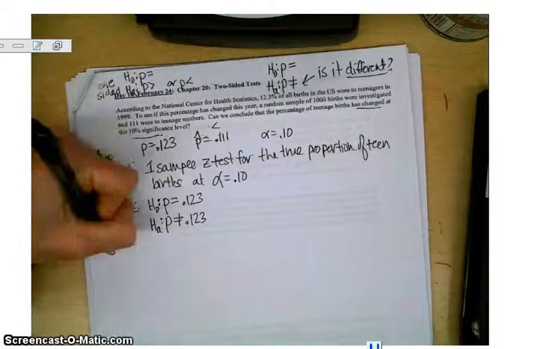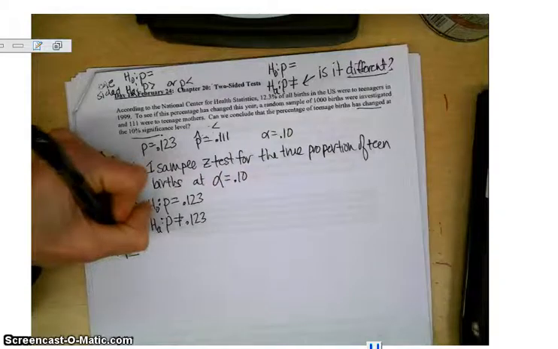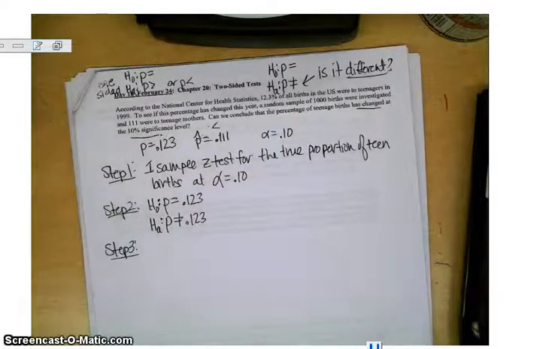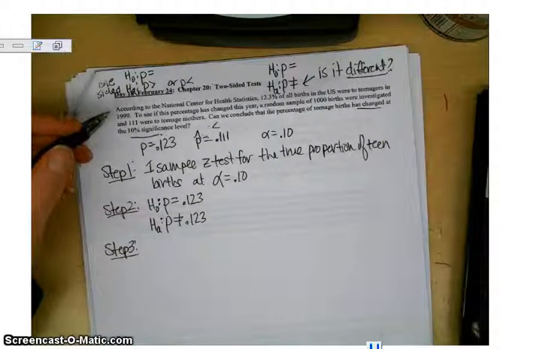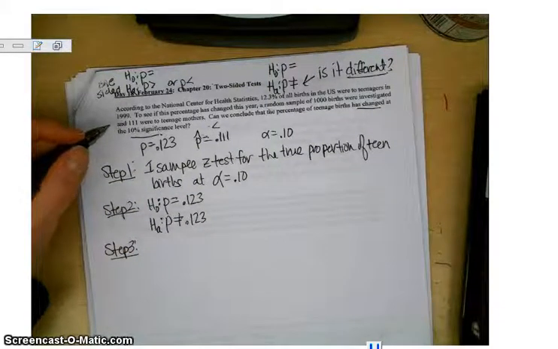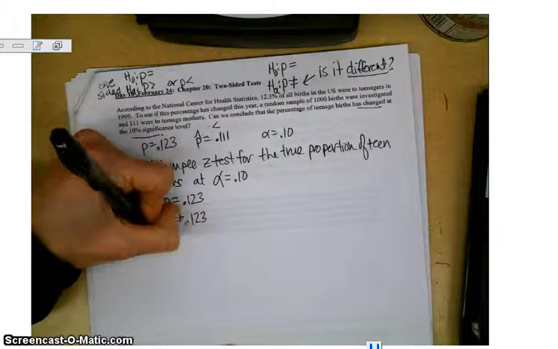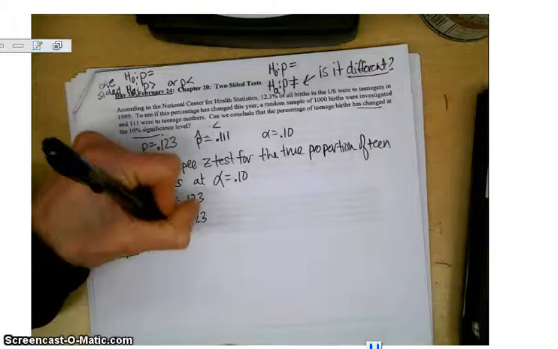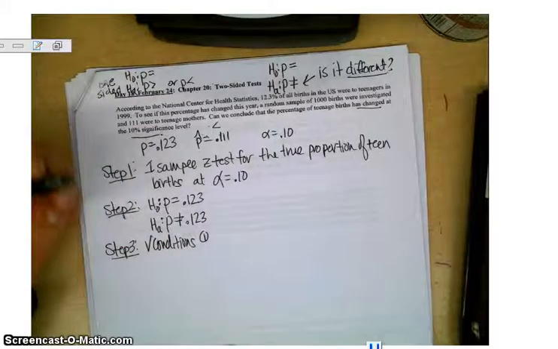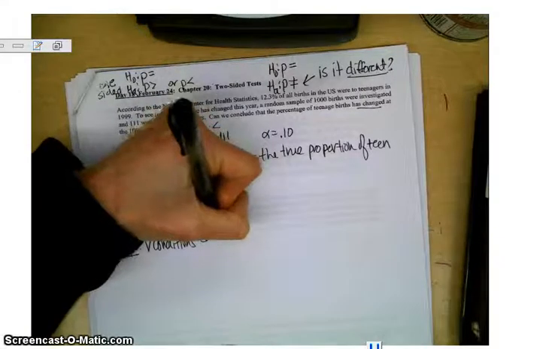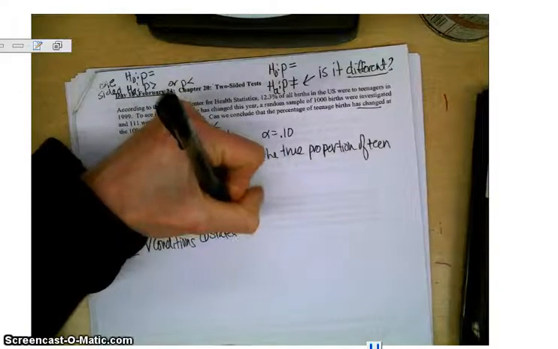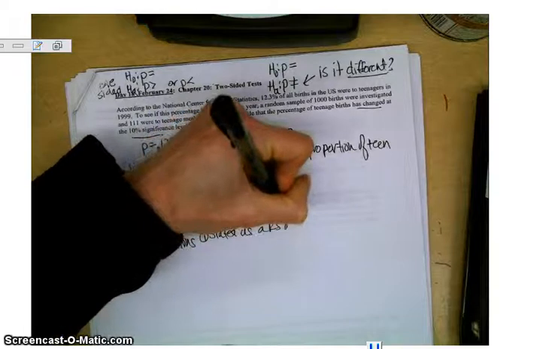All right, so now we're on step three, and what is step three in writing a hypothesis test? So what's step three? Checking the conditions. So condition number one, it's stated as a random sample of births.